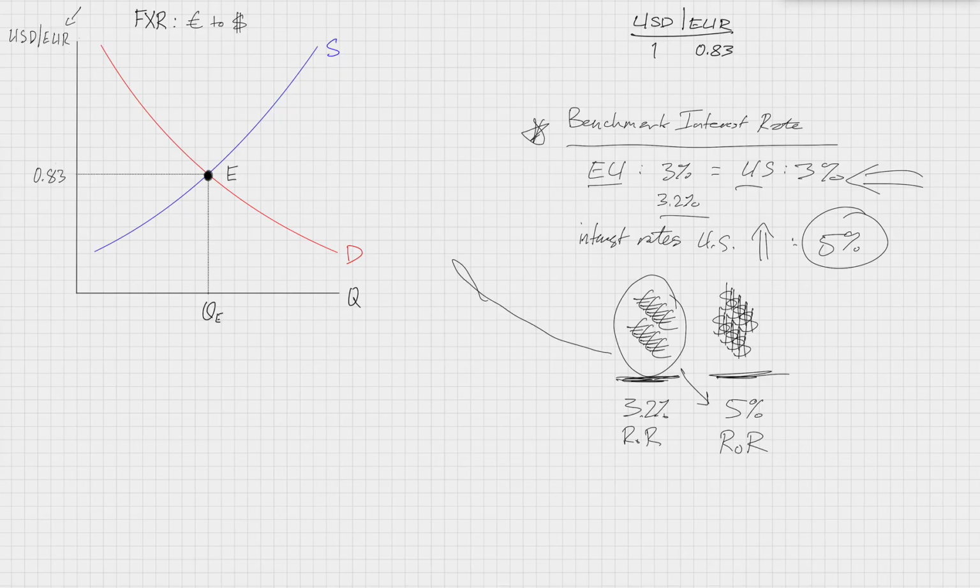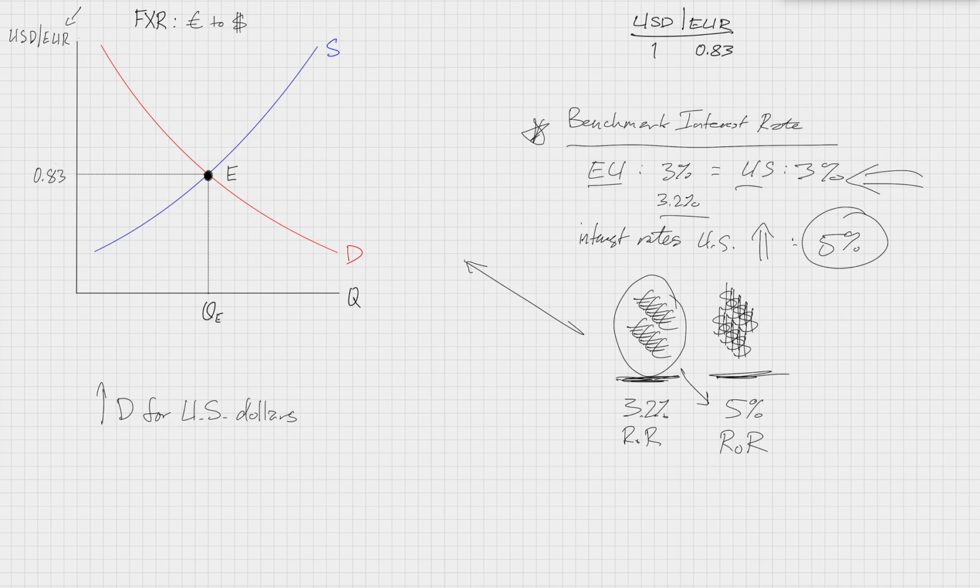Euros will dump into the foreign exchange rate market as it pertains to euros and dollars. Euros will dump into that market because of the increased demand for US dollars.